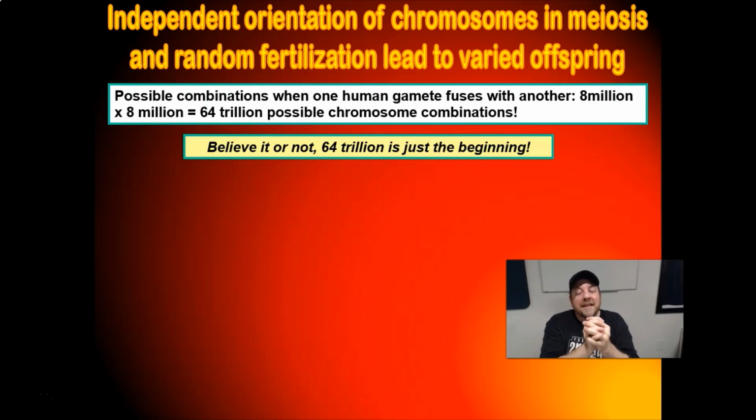More than that. That's random fertilization. So because of you lining them up in metaphase 1 in different ways, you have about a 1 in 64 trillion chance of the exact same sperm or egg coming together based on how you made them. That's crazy. And what a crazy way that our species is so diverse from each other.